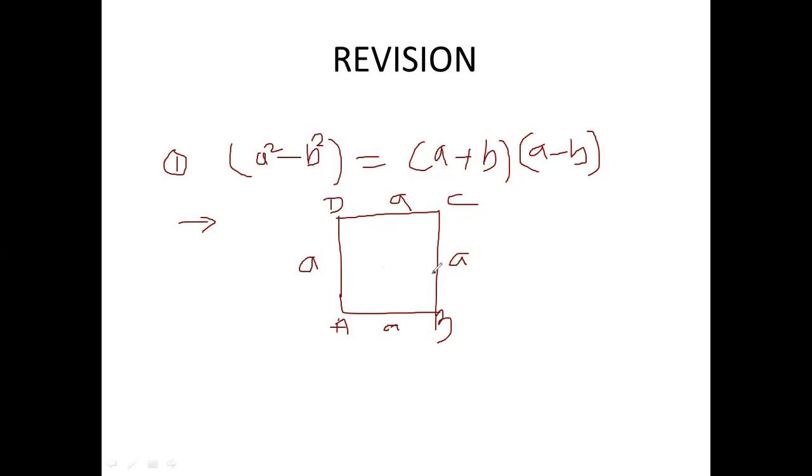Now, in this corner, if you draw another square, suppose its names are taken here. B, C, D, okay.